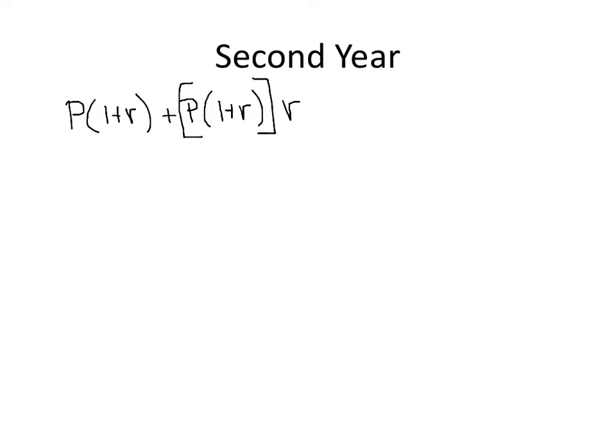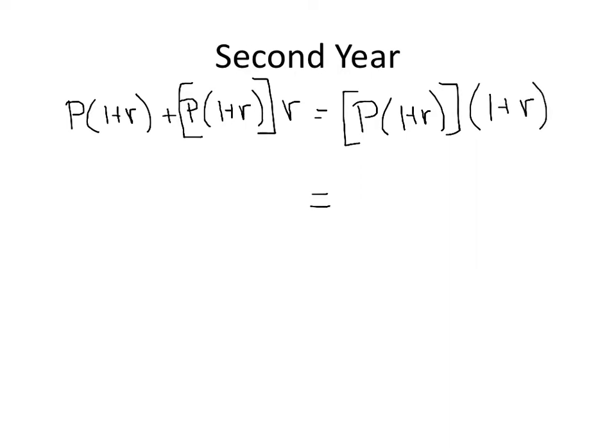Well, this will continue each year. So our first year we had P times 1 plus R. Then our second year we had P times 1 plus R, which was our new balance, and we multiply that by R. So what we're able to do is factor some things out, and we end up with P times 1 plus R times 1 plus R. We simplify that, and we end up with P times 1 plus R squared.